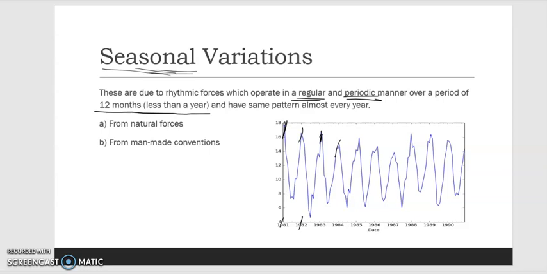Now, the causes of seasonal variation can be from natural forces or from man-made conventions. From natural forces, when I say, it is due to various seasons. When naturally it occurs, it is said to be a seasonal variation from the natural forces. For example, those various seasons that we experience.